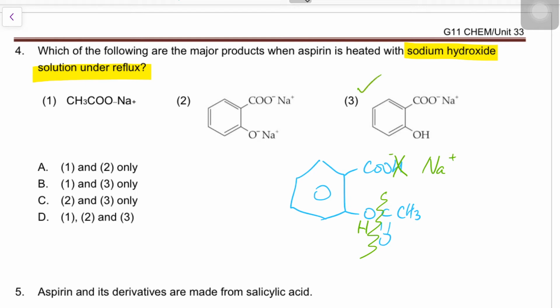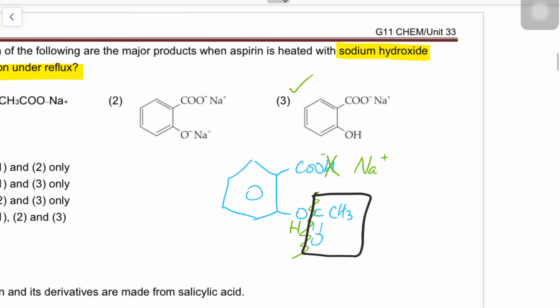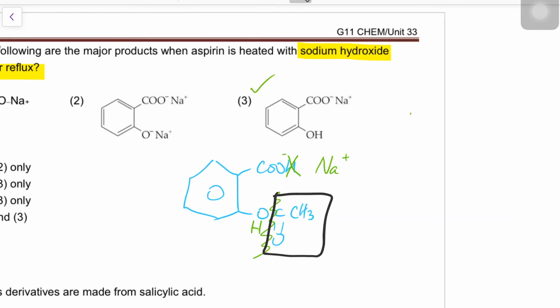And we don't have free OH. So what should we do? The answer is, how about this one? This is an alkali hydrolysis of ester.